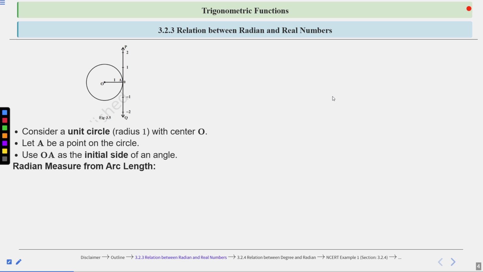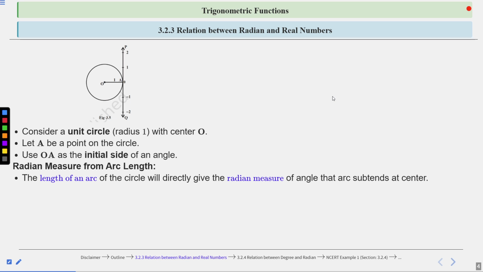Now the radian measure from arc length, if you recall, the length of an arc of the circle will directly give the radian measure of the angle that arc subtends at the center. If you recall from yesterday's class, theta in radian is equal to arc length by radius.